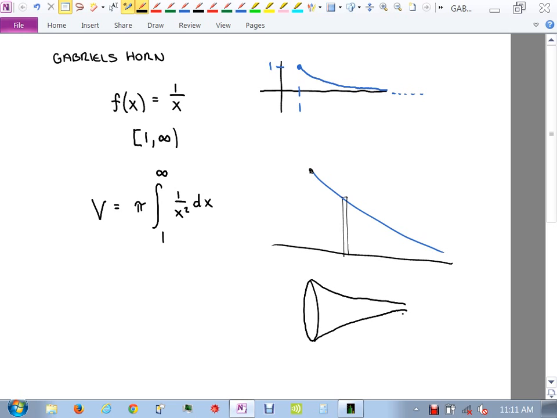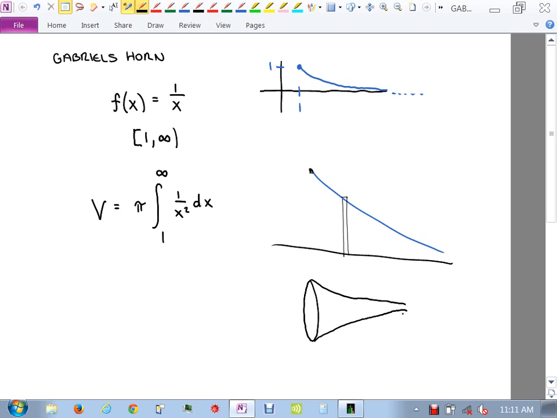I think Gabriel has to do with angels or devils, I don't know. Okay, so it's his horn that he plays. Whatever, that's where the paradox comes from. So this is this infinite horn.